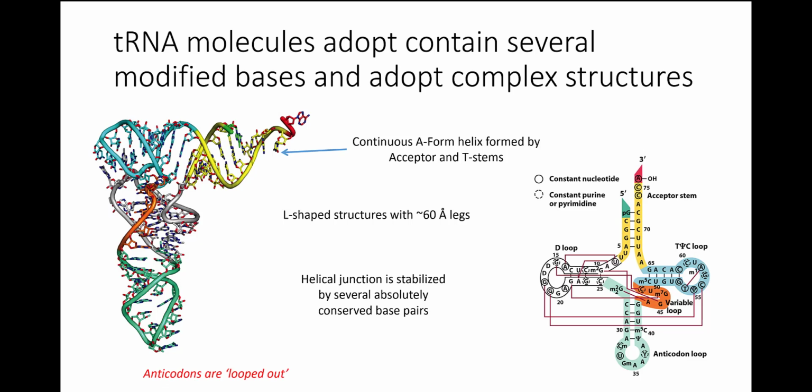And because of the presence of all of these non-standard bases, which inhibit or prevent canonical Watson and Crick base pairing, we end up with this very well-defined hook or L shape, where at one end of it, we have the amino acid attachment site. At the other end of it, we have the anticodon that can ultimately recognize the codon on mRNA in the ribosome. Okay, with that, I will go ahead and end, and we will finish our discussion of nucleic acids with this.